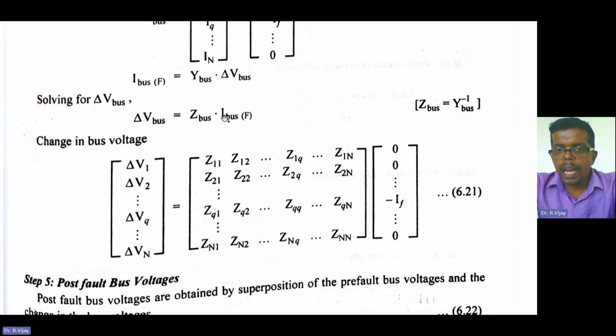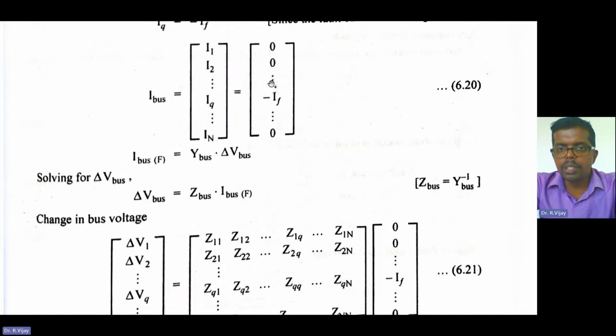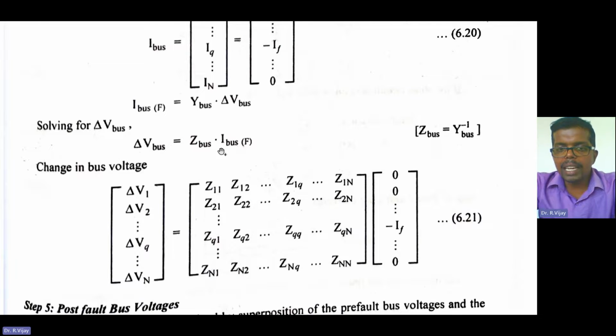I bus fault is 0, 0, minus IF, up to 0. We already calculated I bus, and we are just substituting it here.